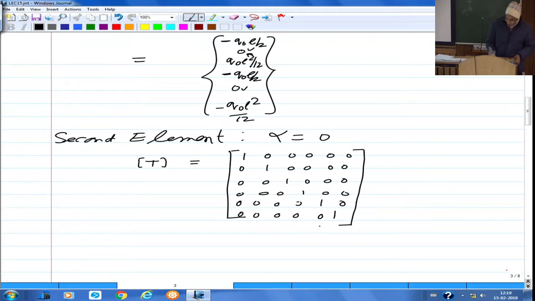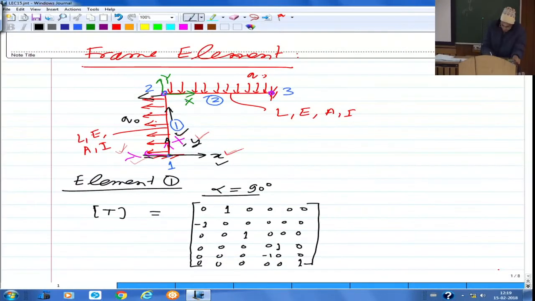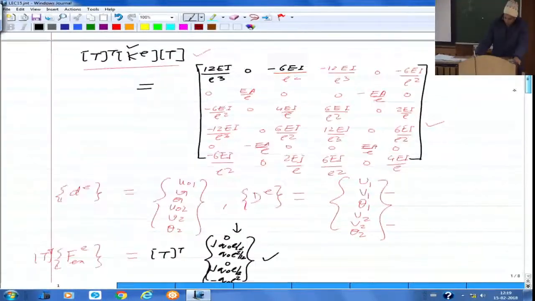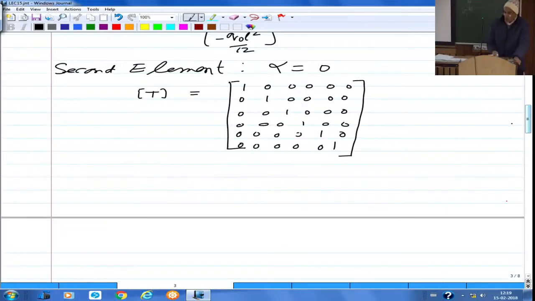So this is identity matrix. For the second element, the transformed stiffness matrix would be the same as what we have in the local coordinate system. The reason is that the local x-axis is parallel to global x-axis, local y-axis is parallel to global y-axis. So we need not do that multiplication again.